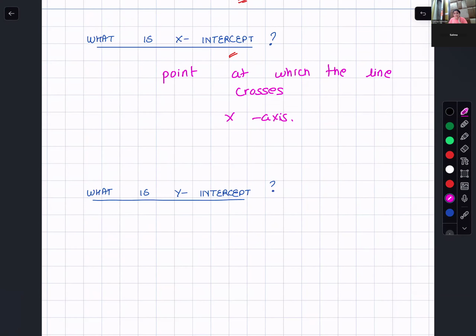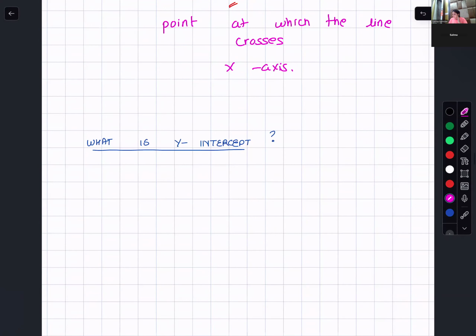If I say y-intercept, that means the point at which the line will cross the y-axis. So you should know very clearly what is x-intercept, what is y-intercept.